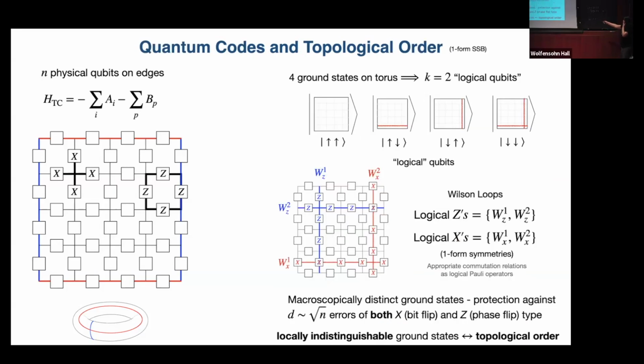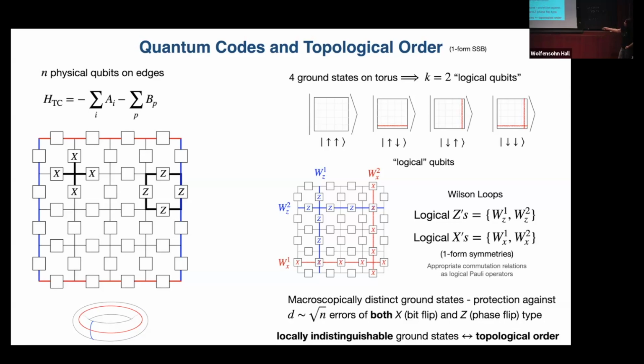So the logical X's and the logical Z's have the appropriate anti-commutation relations that you would expect for Pauli operators, and the logical X's have the action of flipping what the logical Z bit is doing, okay? So now we have these macroscopically distinct ground states, macroscopic because they're distinguished by the action of this Wilson loop operator whose size is diverging as you take the system size to infinity, okay?